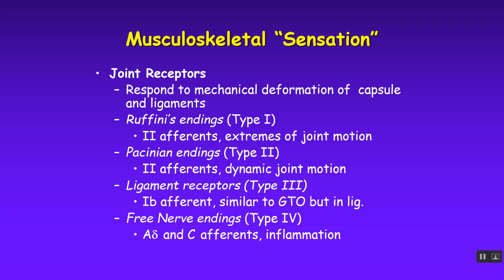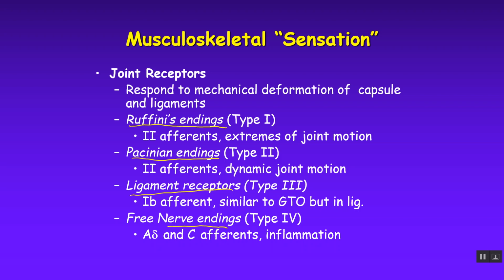So we have Ruffini's endings, which are very similar to the Ruffini's in the skin, but these are down in the joints. We also have Pacinian endings. These are very similar to Pacinian corpuscles that are in the skin, but these are down in the joints. We have ligament receptors and we have free nerve endings.